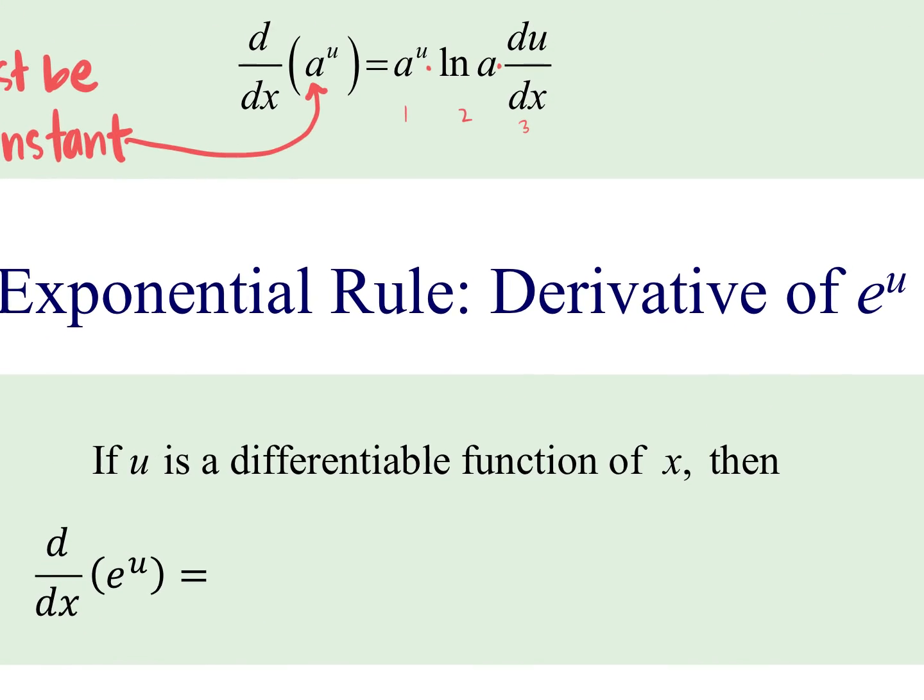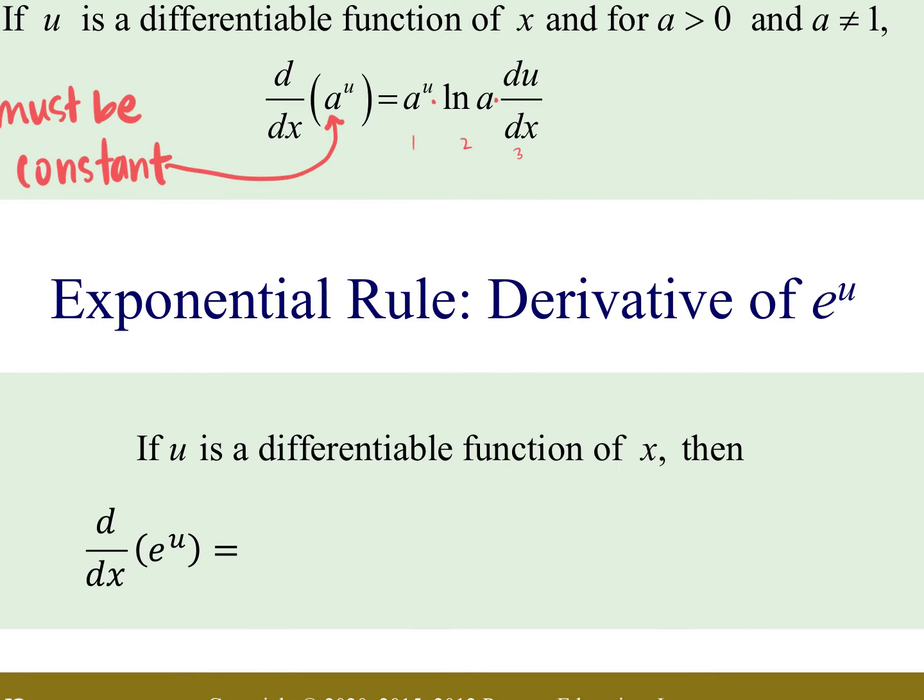So if that's the case, that should work on e, because e follows that model. All right, so the derivative of e with u as its power, what does it start with? e with u as its power. That's how it starts. And then the natural log of e.